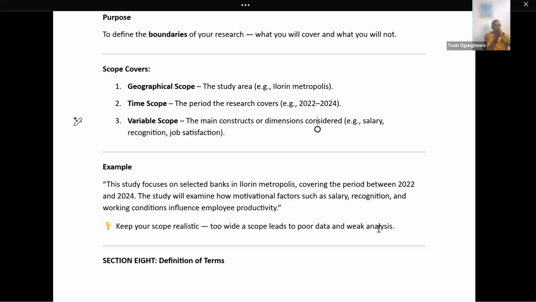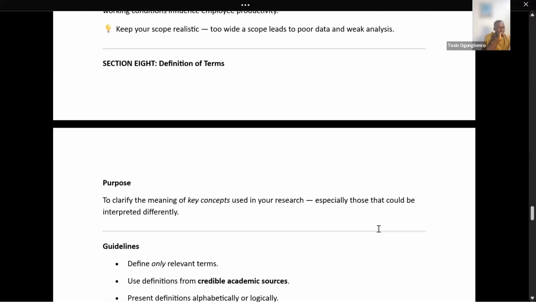So if it's a longitudinal study, your scope can be from this particular year to this particular year, maybe from 2020 to 2025, or from 2000 to 2020. You are studying a particular event across a time horizon. So that is longitudinal study. Your scope is just giving boundary to your work. It can be geographical, it can be time, it can be variable. That's what scope is all about.